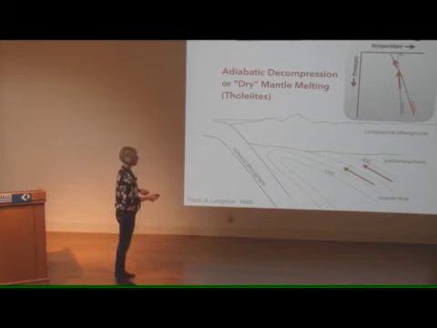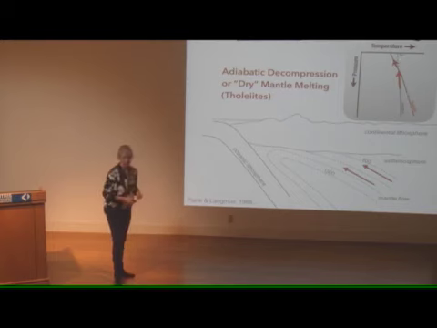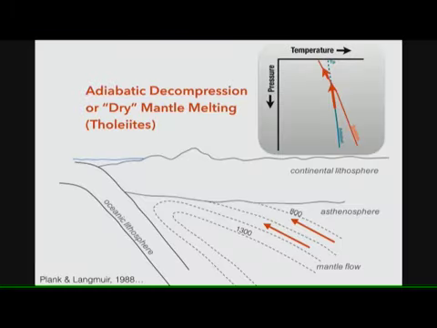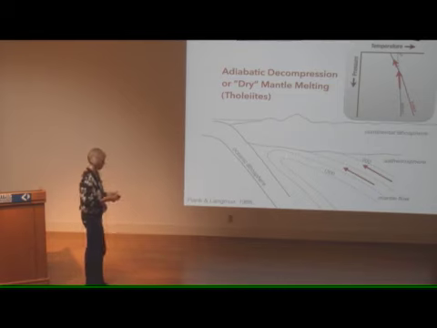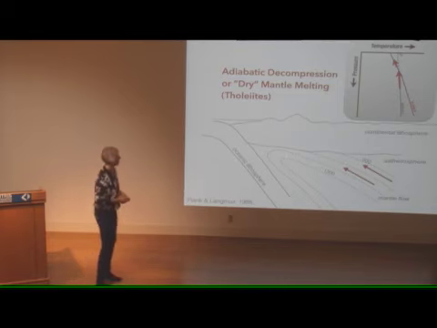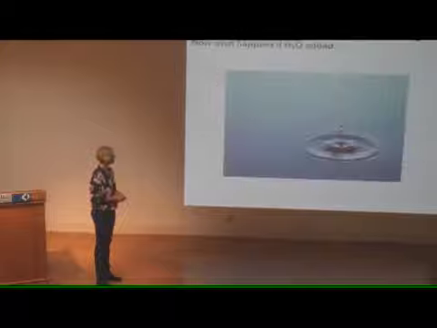And that difference in temperature between the solidus temperature and the adiabat is the heat provided, the latent heat of fusion, to melt the sample. And so this adiabatic decompression melting is something that we see a good amount of evidence for in back arcs and even in continental arcs without back arcs, where we see some extension of the overriding plate. We see quite a bit of those make it to the surface.